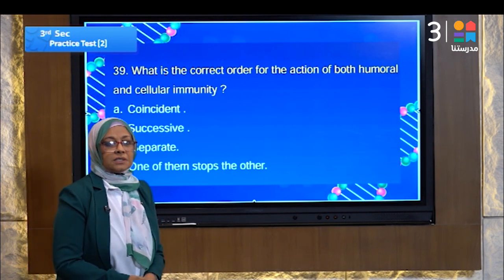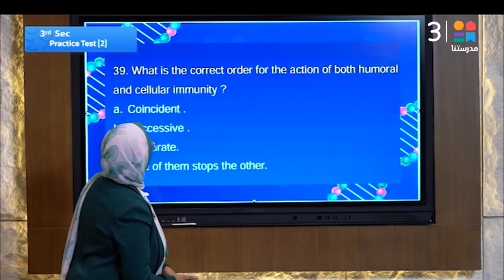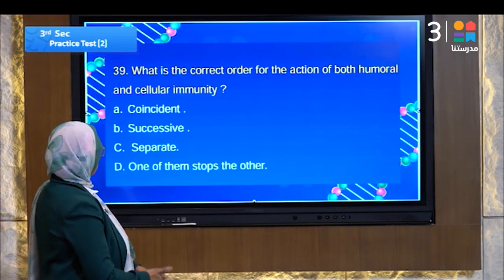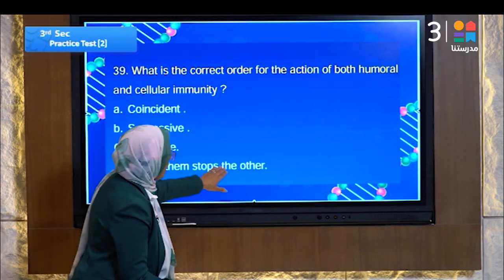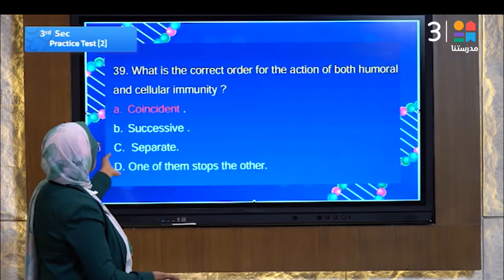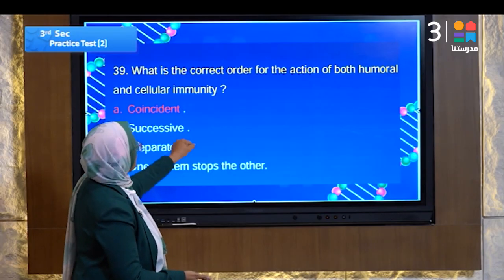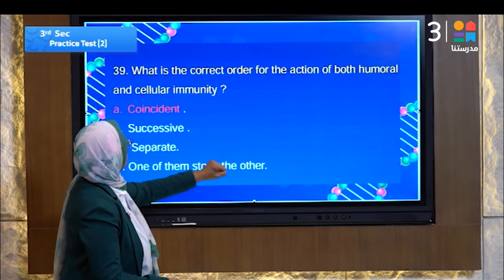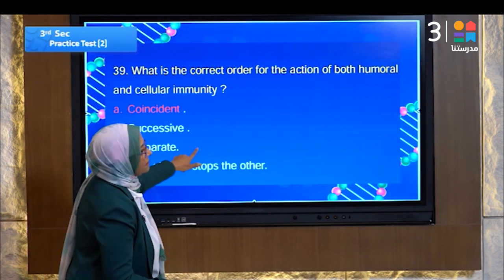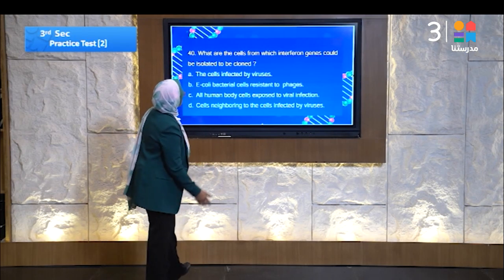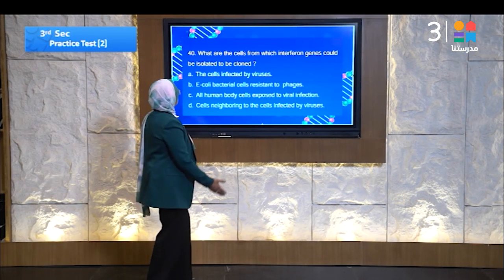There are many choices for the first one: coincident, successive, separate, or one of them stops the other. The answer is coincident. Yes, there is a relation, an action between humoral and cellular immunity, by coincidence. Number 40.